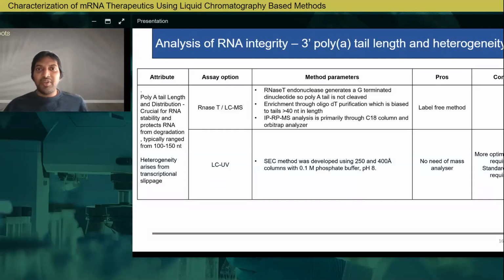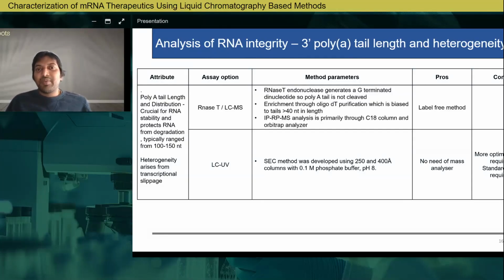That's the easiest way, and people have used oligo-dT purification to get these tails off, and then we use reverse phase MS analysis on a C18 column. It's a label-free method. If you don't have a mass analyzer, you can go with an LC and a UV.